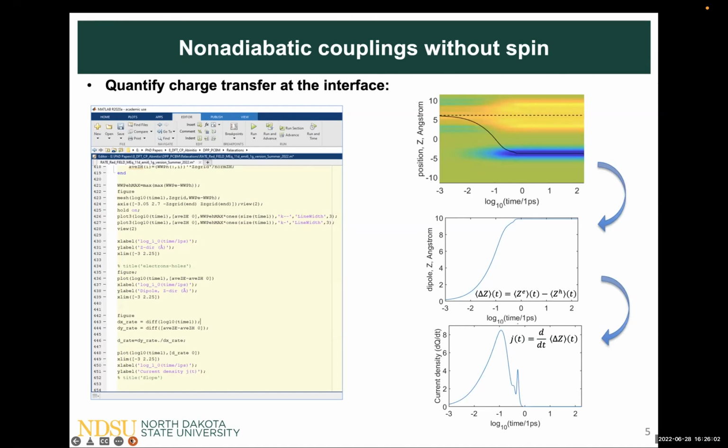In that project, we used the maximum value of this current density to quantify it and also characterize the best photovoltaic system with better power conversion efficiency. Next, please.